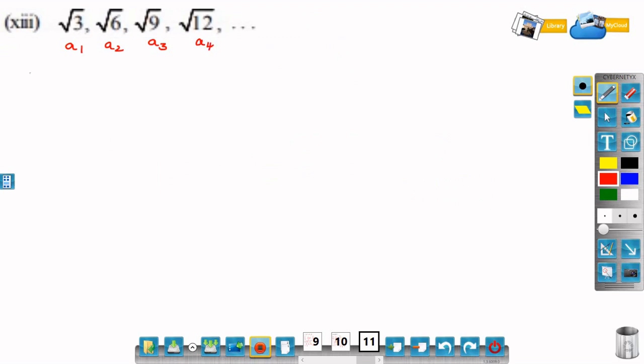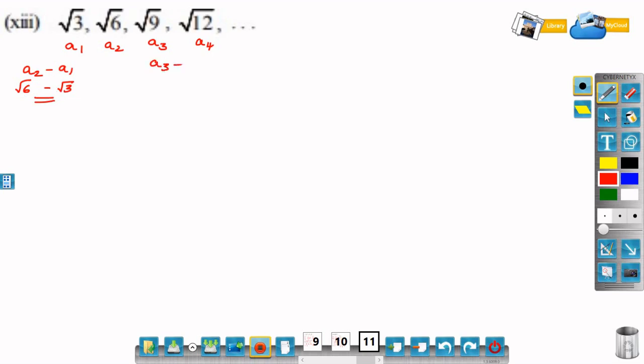So to check whether it is an AP or not, let us find the common difference. A2 minus A1. A2 is root 6 minus A1 is root 3. We cannot simplify root 6 because 6 cannot be written as product of a square number. So root 6 minus root 3 we have to keep as it is.